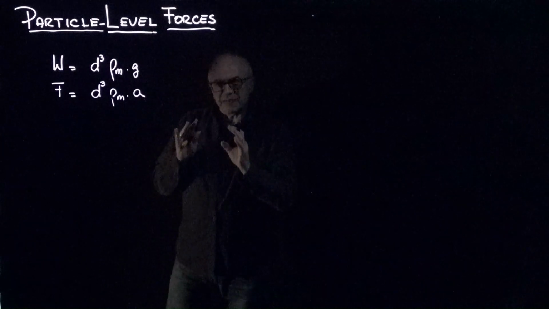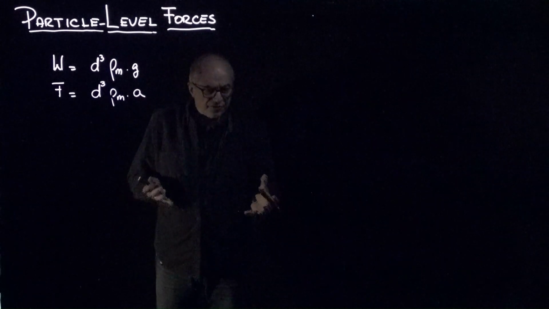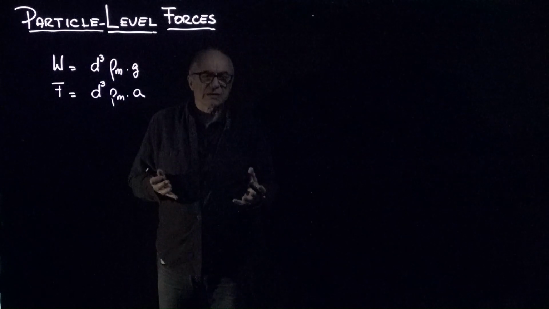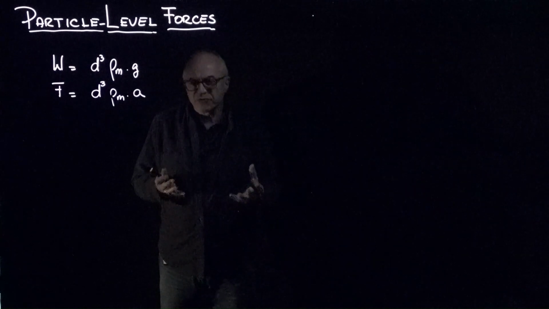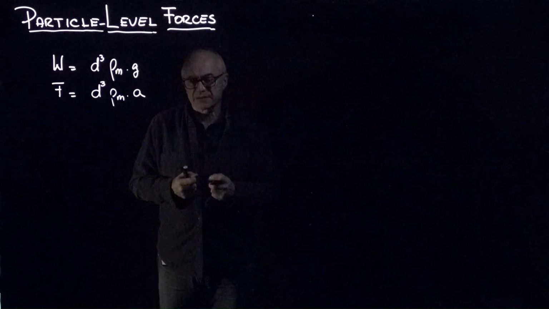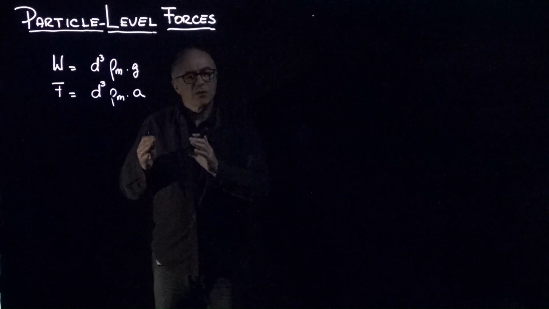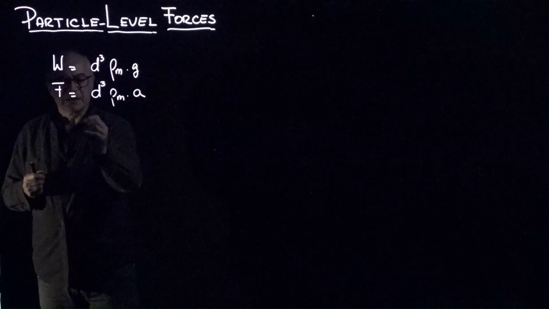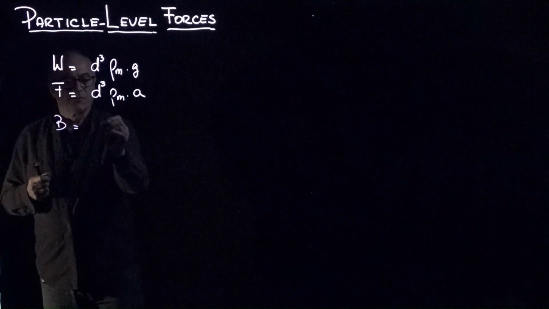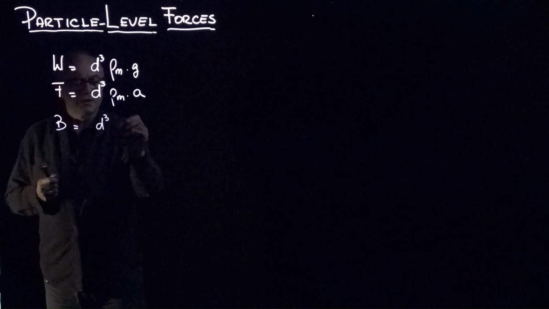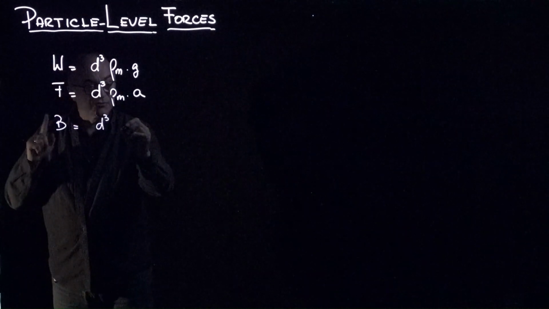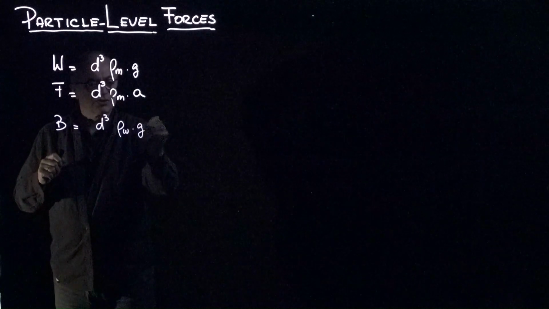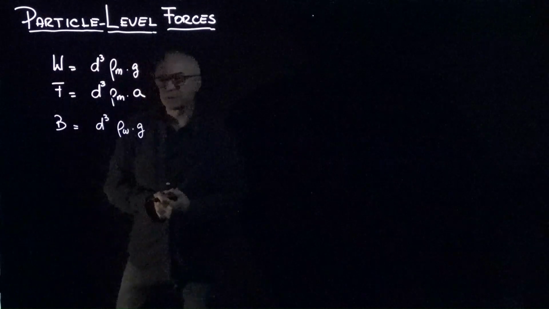Finally, and of the same nature, is the buoyant force. When a particle is submerged, Archimedes told us that the buoyant force that the particle will experience is equal to the weight of the displaced fluid. Now, the displaced fluid is the volume, which is d cubed, times the weight of the fluid, which will be rho water, times g, the unit weight of the fluid.